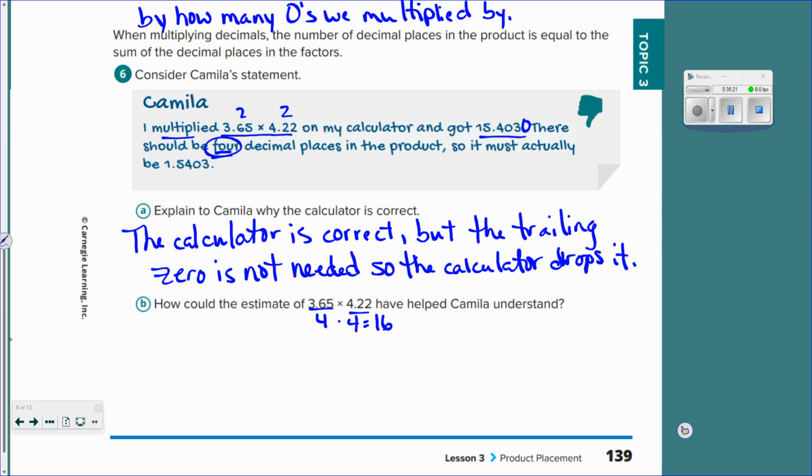So if she had estimated and found 16, which would make more sense, 15 or 1? 15. She would have known that the calculator had that correct, wouldn't she? Is it hard to do that estimate? Guys, all we're trying to do is help you understand the importance of estimates. Number 1, they're easy to do. Number 2, it gives you reasonableness of your answer. That is the advantage of doing estimates.